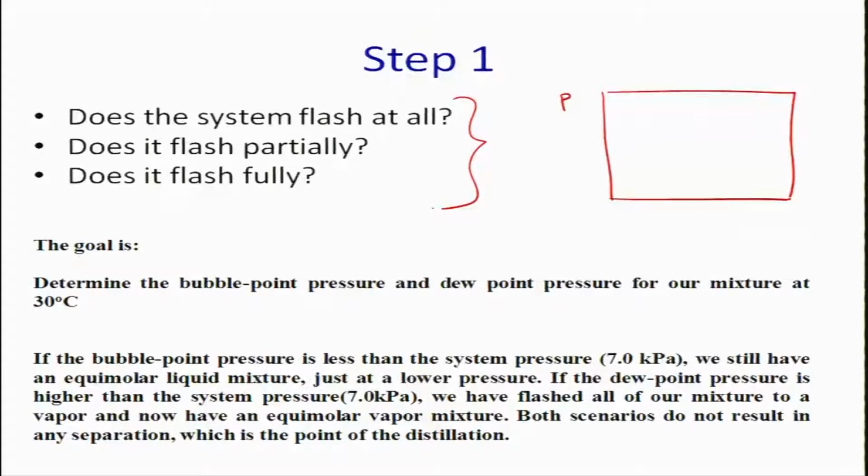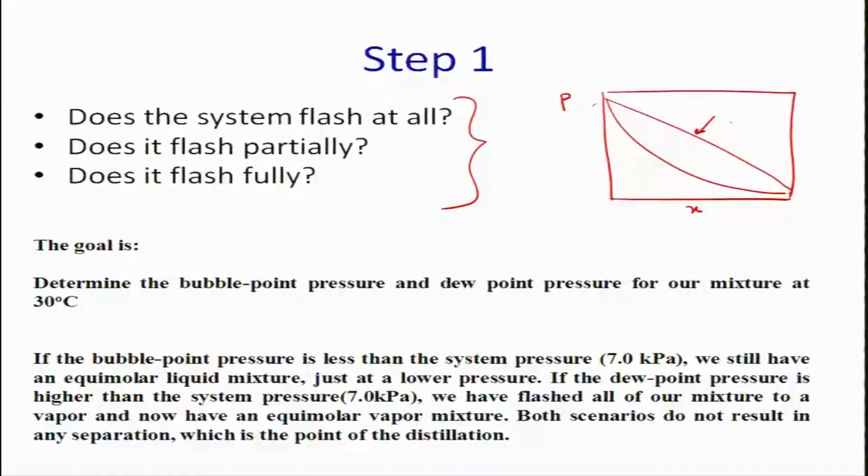In order to address that, you need to pay attention to the basic phase diagram. Let us say this is a PXY diagram, a generic diagram. If I am using the concept from Raoult's law, then I will get something like this, where the straight line is indicative of the liquid saturation line.